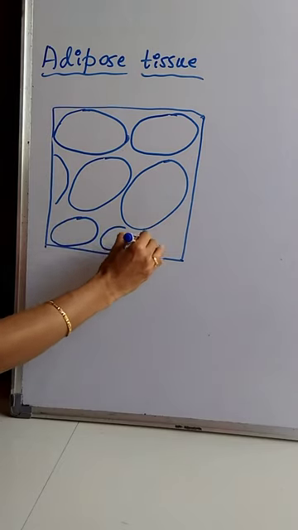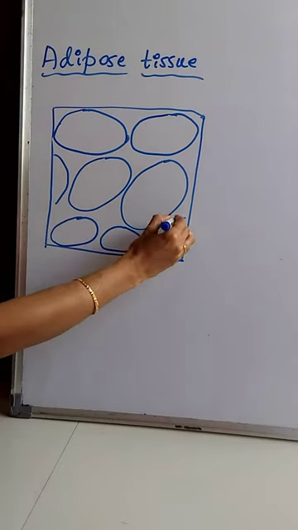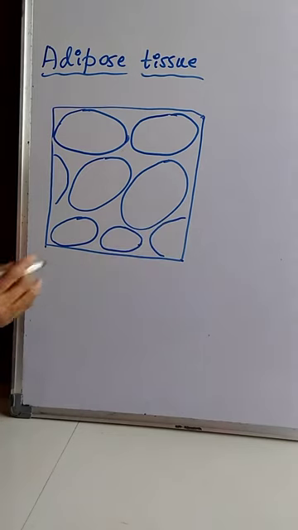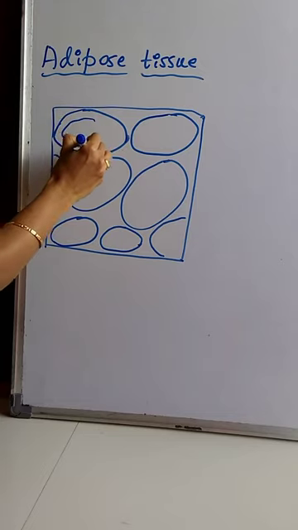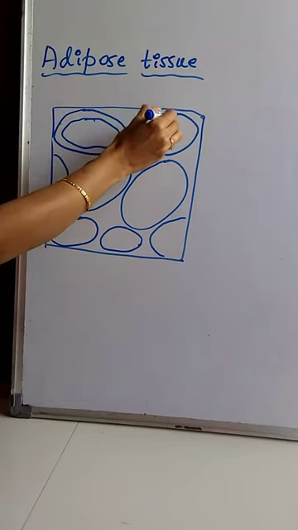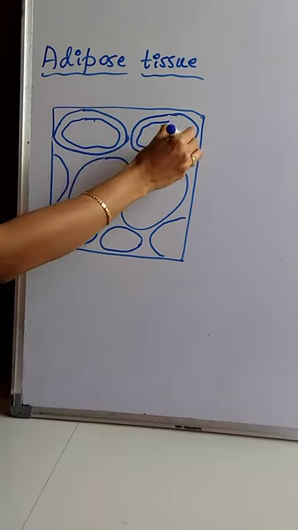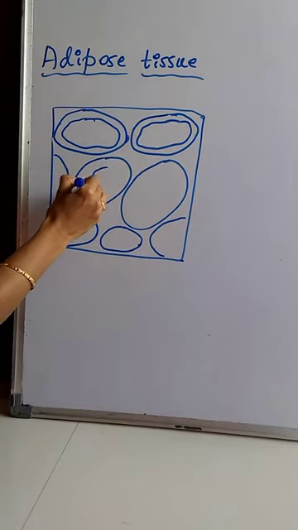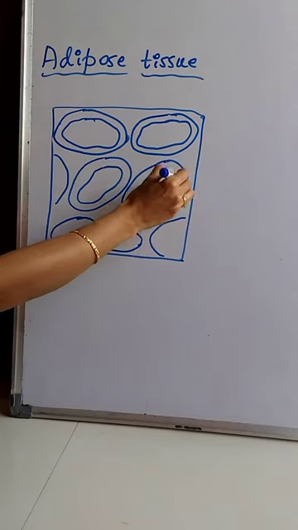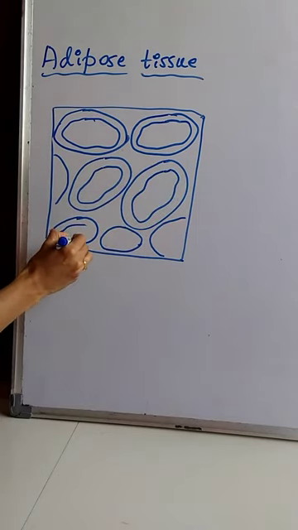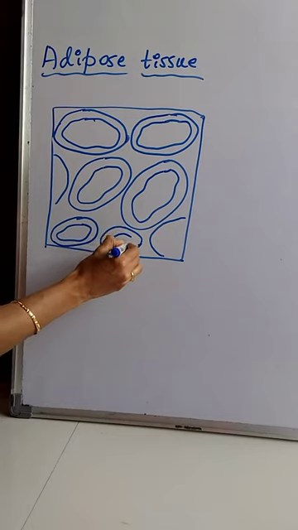These are oval shaped adipocytes. See, in case of adipocytes, at the center fat droplets are present. See, these are fat droplets. At the center of the adipocytes, fat droplets are present.